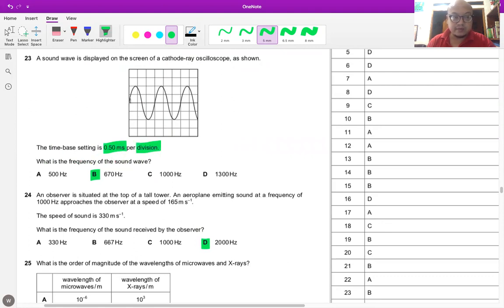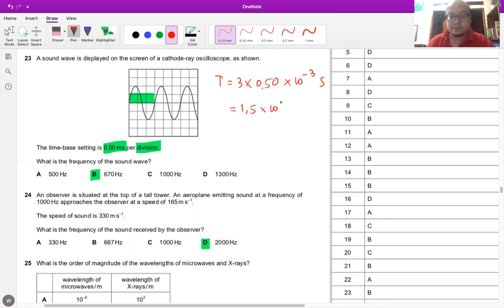When we see one wave, this is about 3 divisions. So the period is 3 times 0.50 millisecond, where millisecond is 10 to the power minus 3 second. So this is 1.5 times 10 to the power minus 3 second.